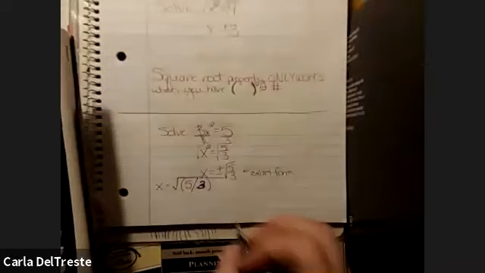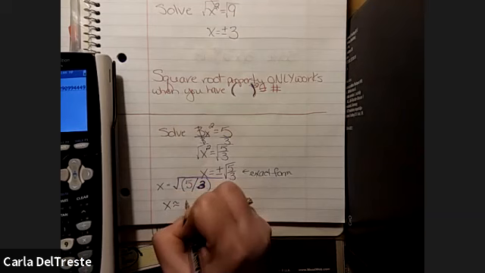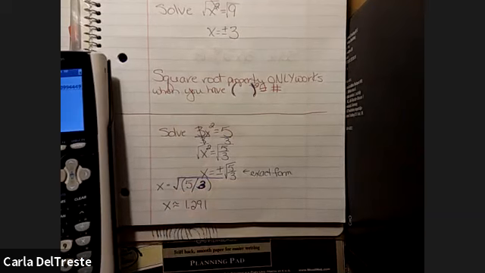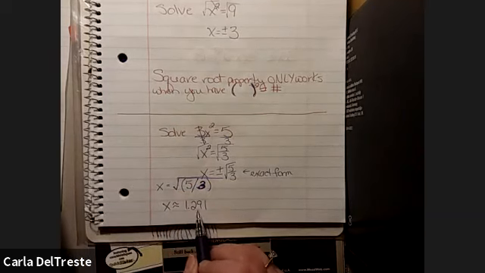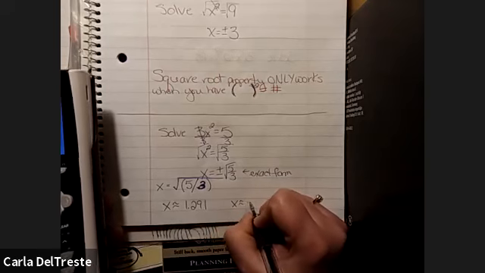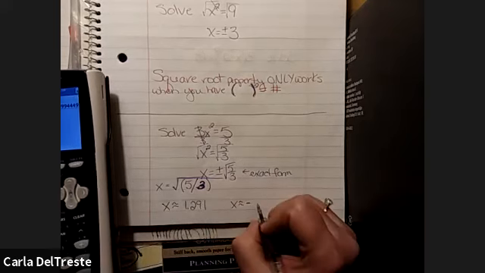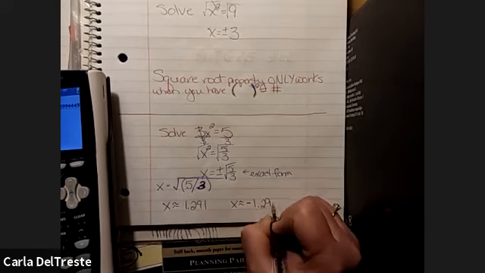So I would say that one of my possible answers is that x is approximately 1.291. And I use the squiggly equals because I'm rounding this off. But remember, there are 2 possibilities. So it's also the negative of this, so negative 1.291.